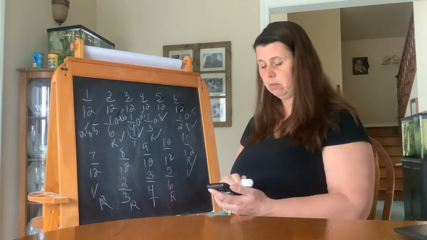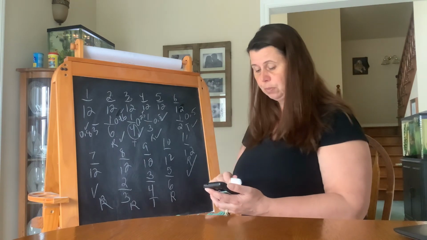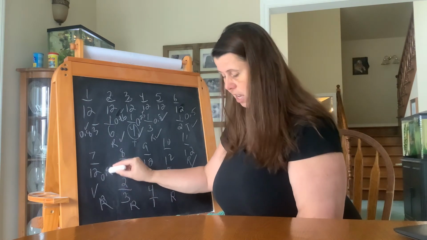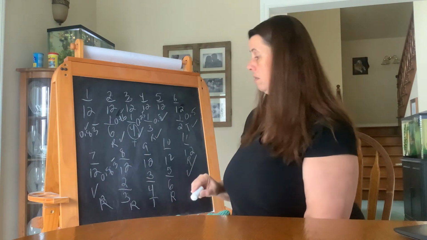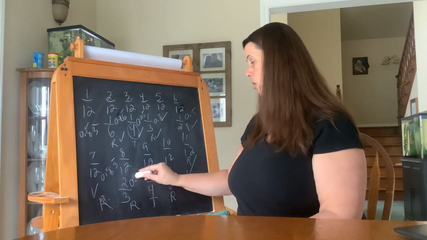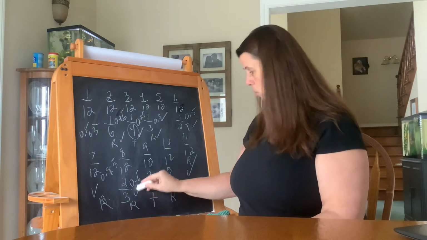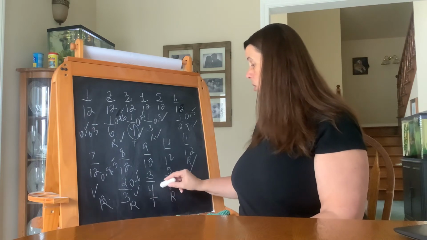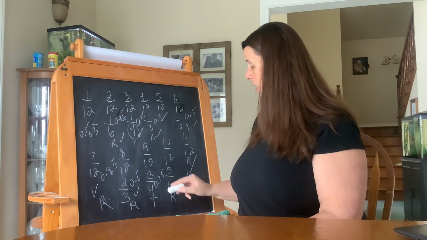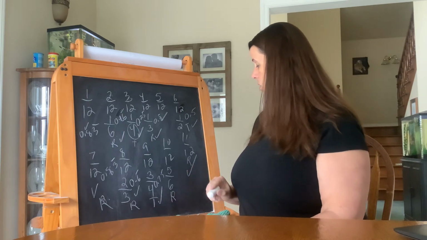I don't know that one. 7 divided by 12. 0.583 repeating. So we were correct. It repeats. 2/3 I happen to know is decimal 6 repeating, so we were correct. 3/4 I know is 75 cents, so it's decimal 75. And we said it terminates, so that's correct.